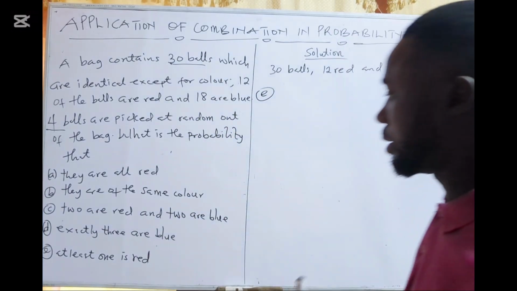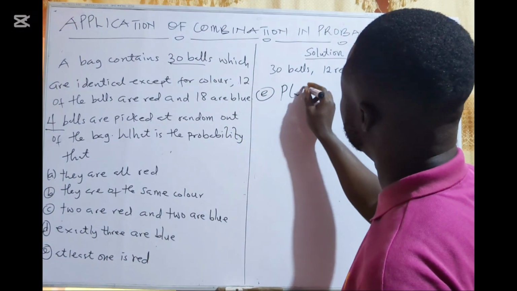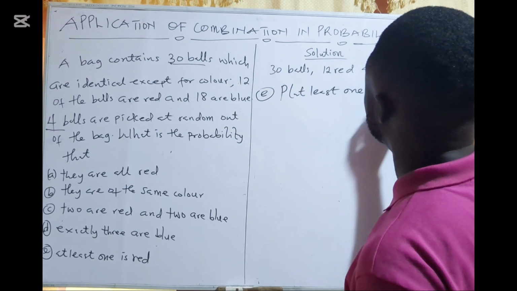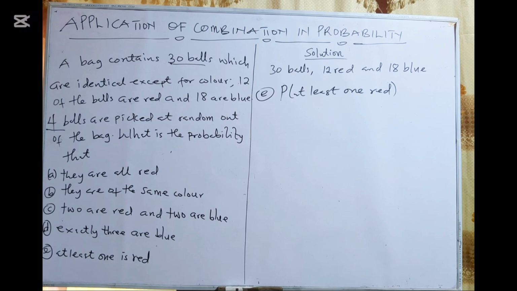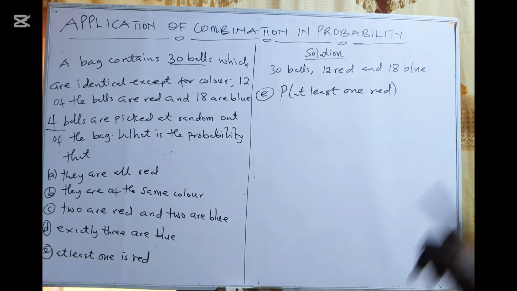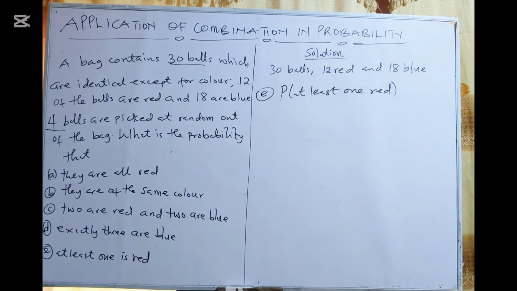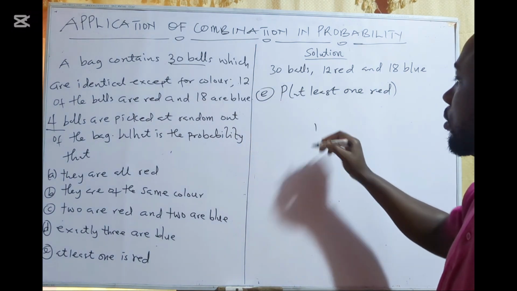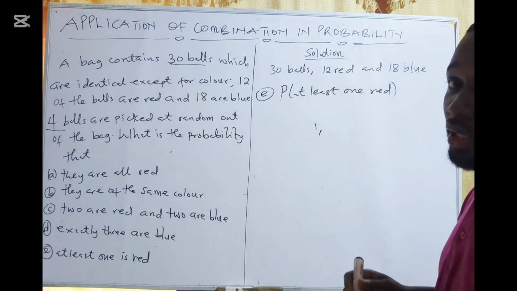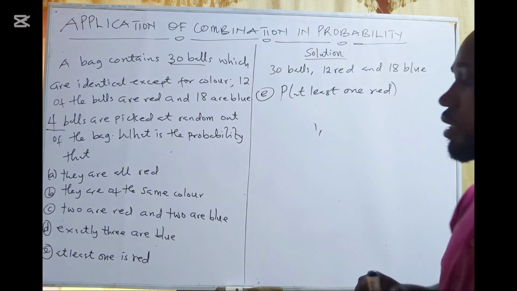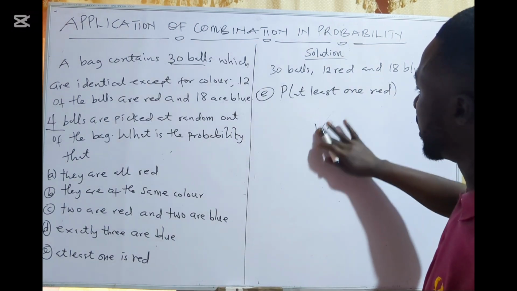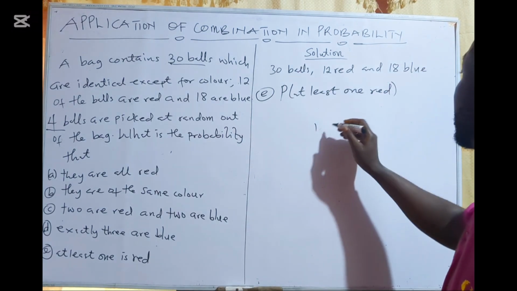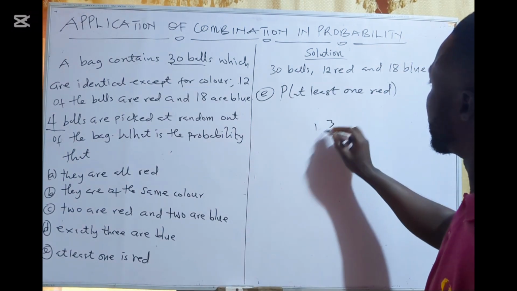Okay, so the probability of at least 1 red. I'm selecting 4. So I find the probability that at least 1 is red. At least 1 red means that when I was selecting 4, I got only one red, and then the blue will be 3.